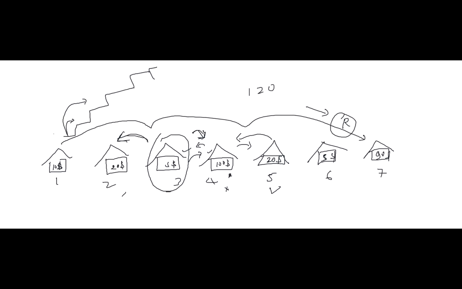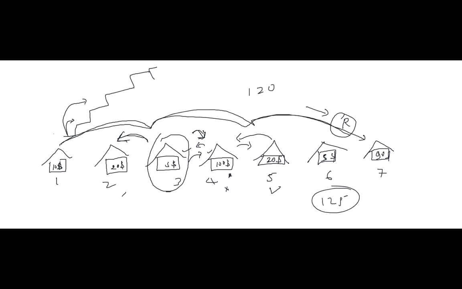So for example, if you are going the alternate way, you are stealing from here, then from here, then from here, then from here. So you can see 10 plus 5 plus 90, and this 20. So the total amount would be 10 plus 5 is 15, 15 plus 20 is 35, then 125, right?